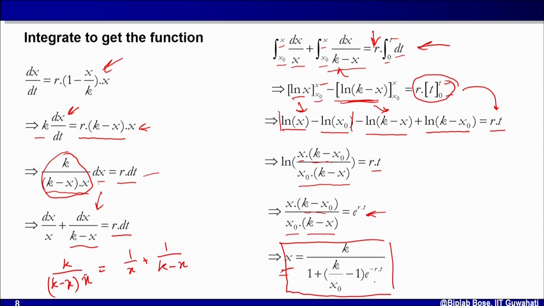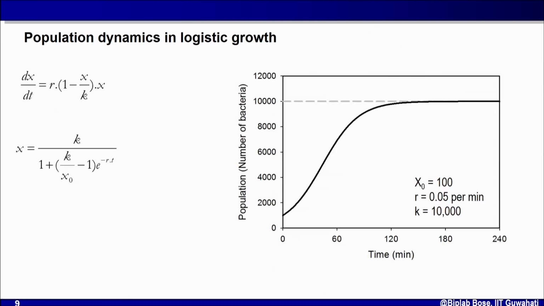So using this function, I can actually understand the dynamics of the process. What I started with, I first made a mathematical model in terms of an ordinary differential equation. I got a function to represent x in terms of time by integrating that equation. And now I want to plot x on the vertical axis and time on the horizontal axis, and that's what I have done here for x naught equal to 100.